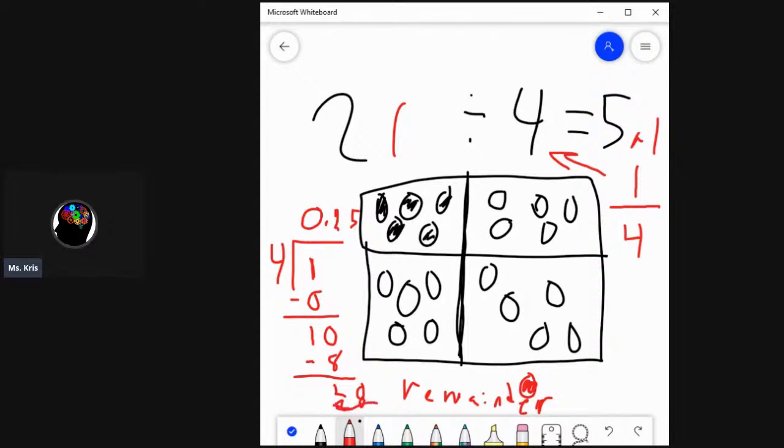And of course, 20 minus 20 is 0. So those are done. And so now your fraction has become a decimal, and now your 1 over 4 is now 0.25.